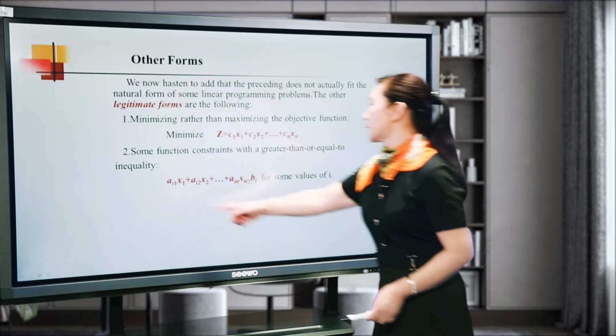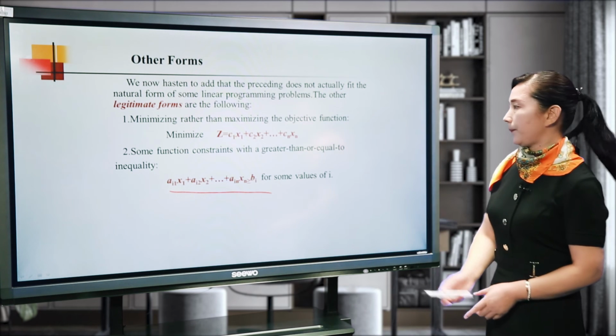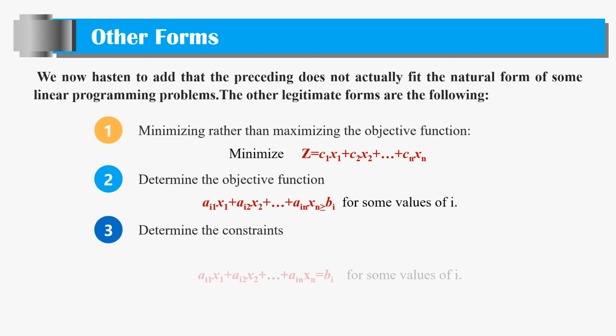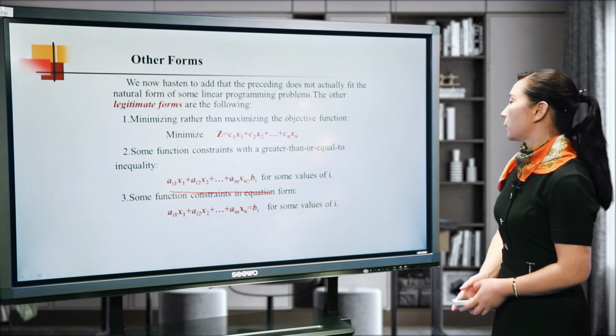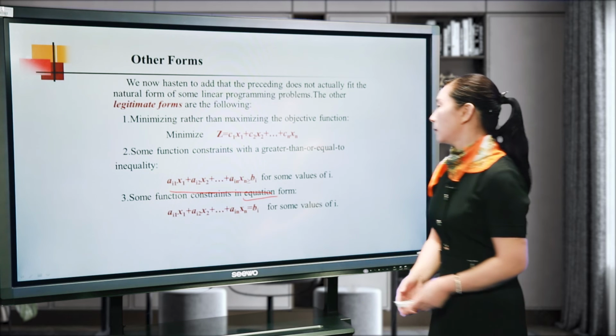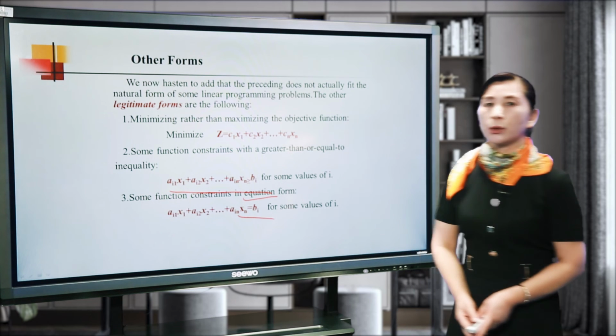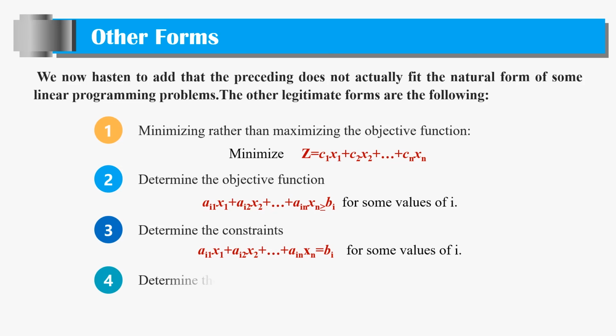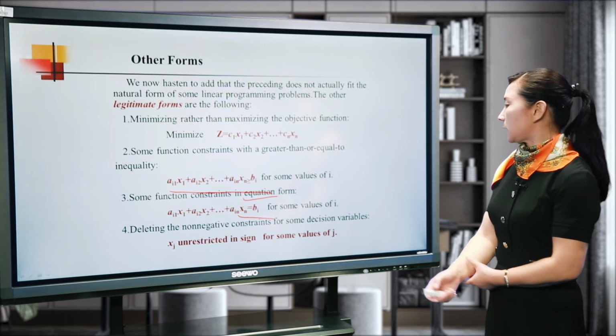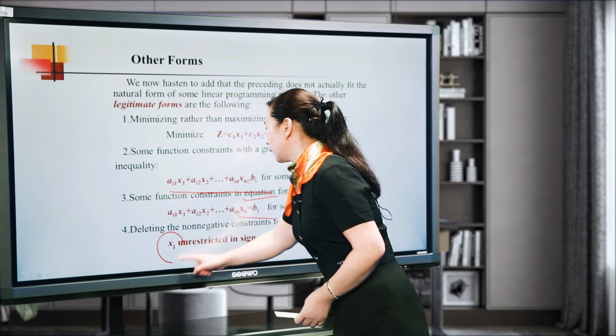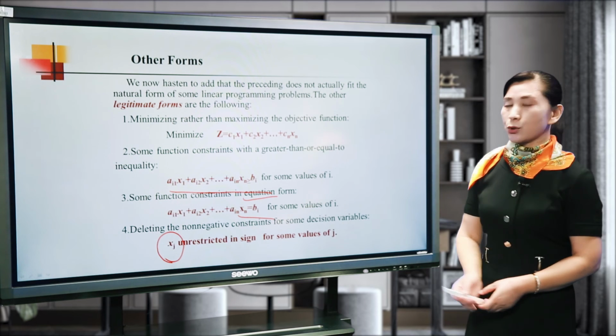We describe it as this inequality. Some functional constraints are not inequalities, they are equations. We describe it as equal to bi. In the model, maybe xj, the decision variable, is not constrained.